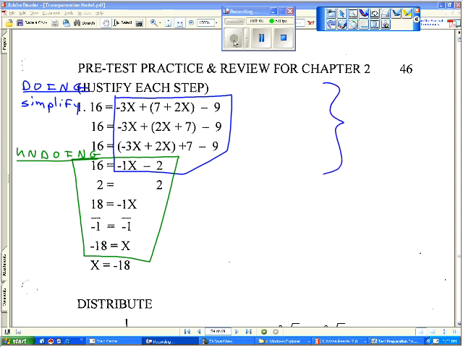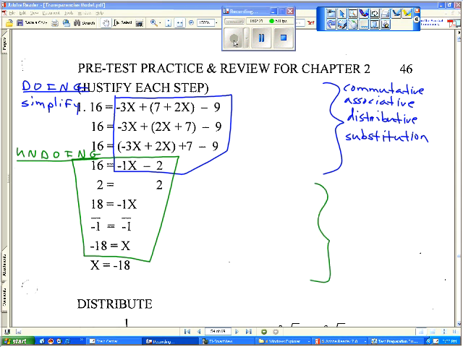When we're simplifying, we're going to be using things like commutative, associative, distributive, and substitution. Not necessarily in that order, but that's what we'll be using.